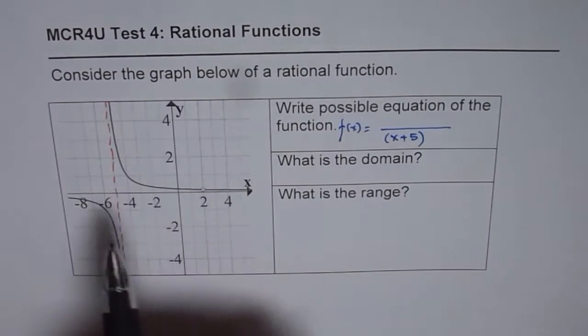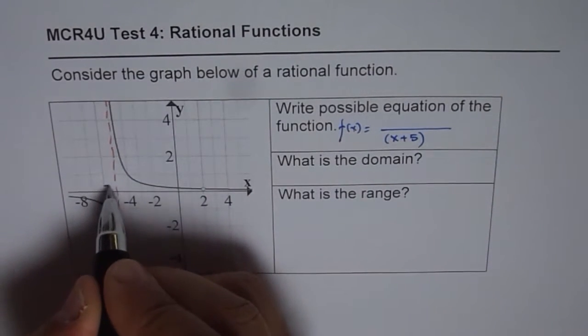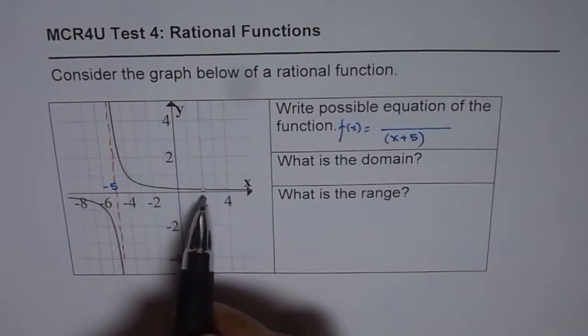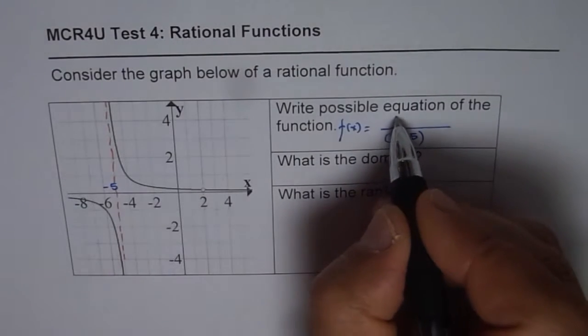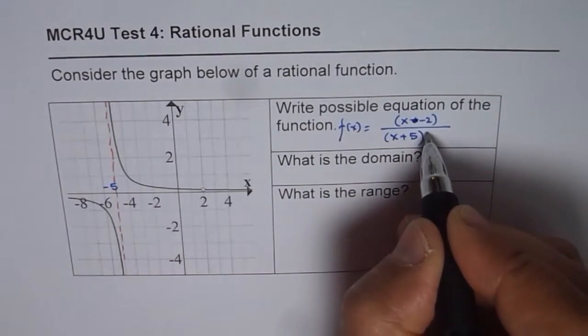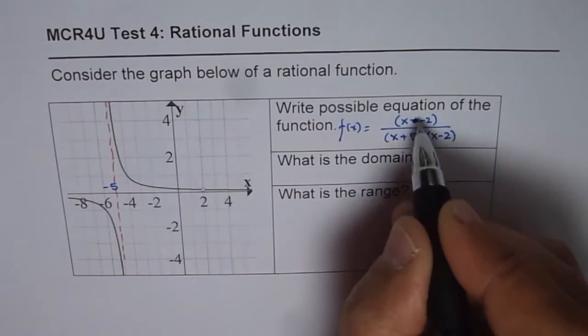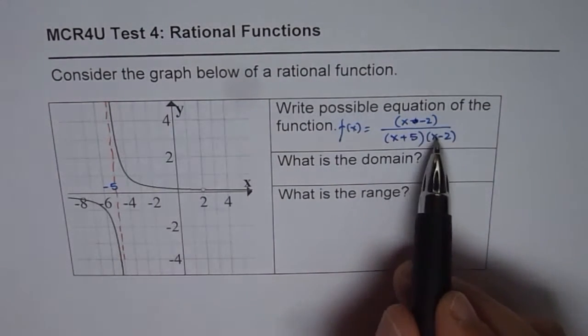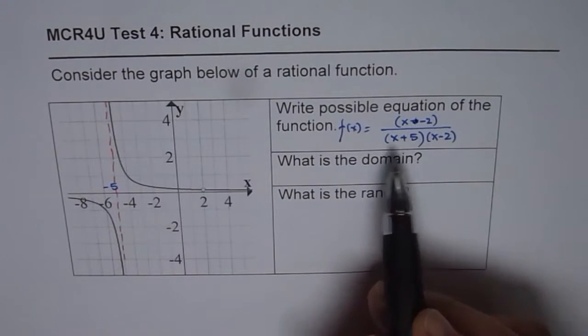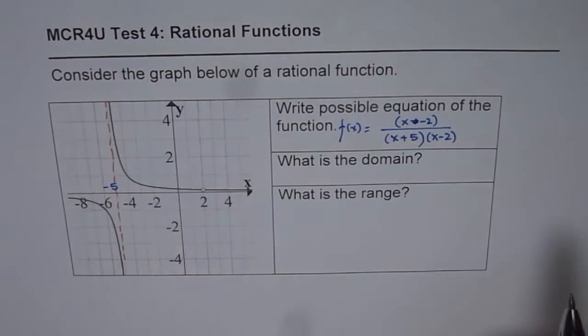That is going to give us a vertical asymptote at minus 5, correct? Also, you observe that there is a hole at x equals 2. That means there should be a factor x minus 2 both in the numerator and denominator. That will result in a hole at 2. So that could be a function which can satisfy this condition.